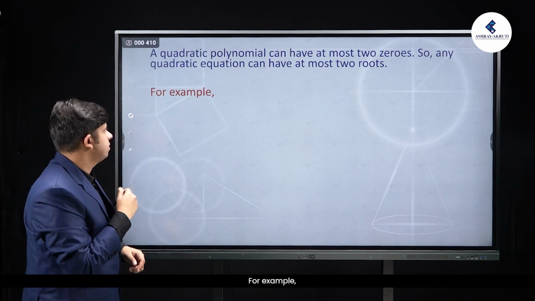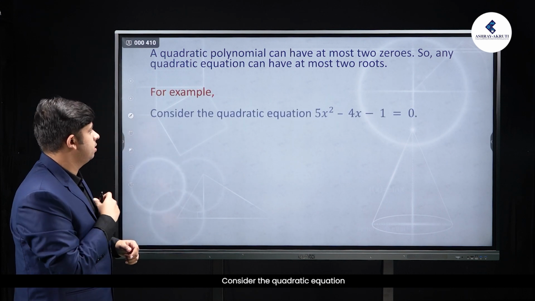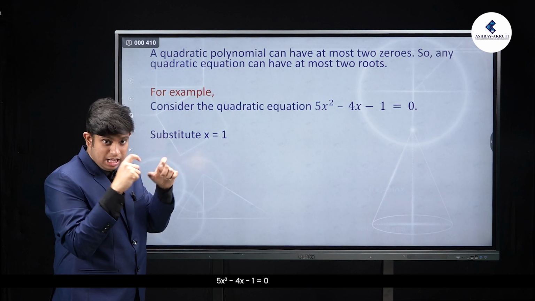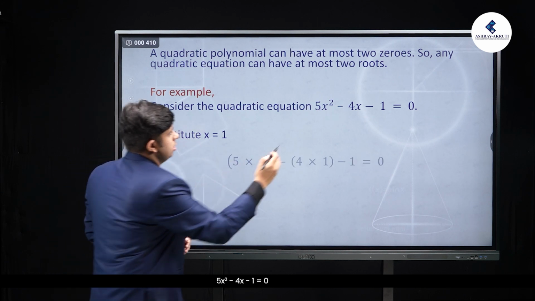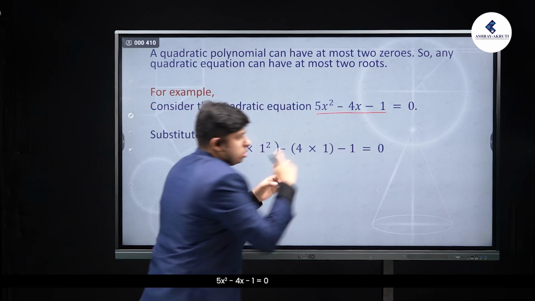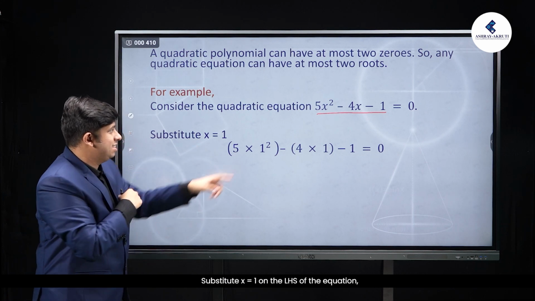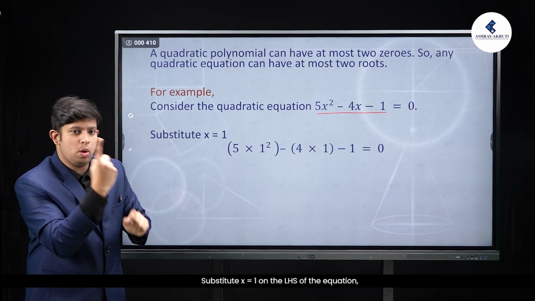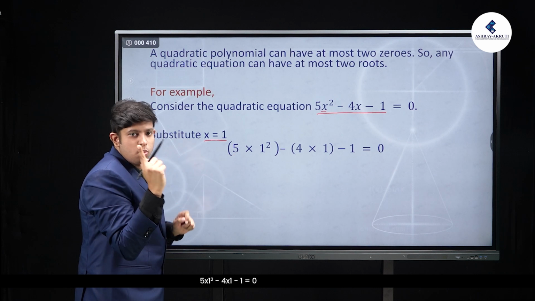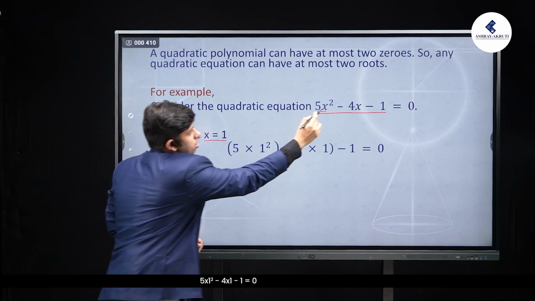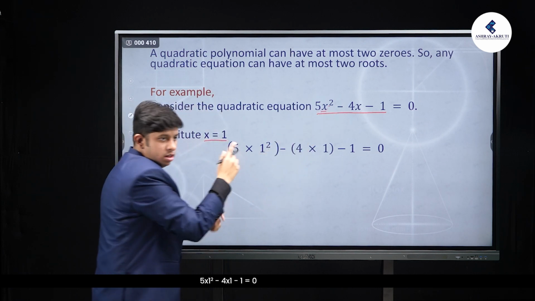For example, consider the quadratic equation 5x square minus 4x minus 1 equal to 0. Substitute x equal to 1 on the LHS of the equation. 5 into 1 square minus 4 into 1 minus 1.